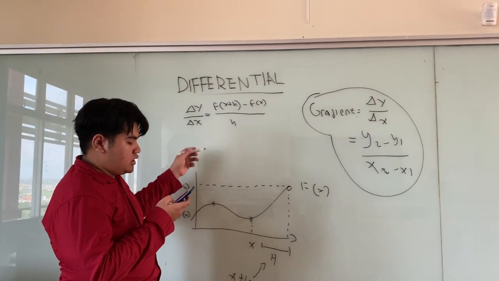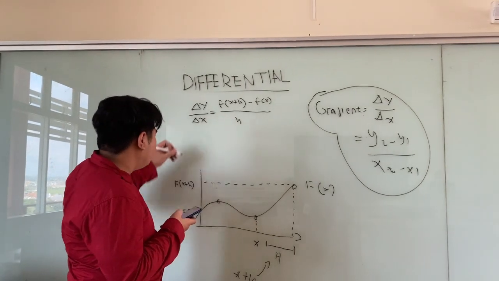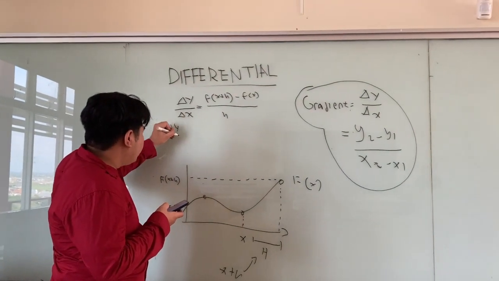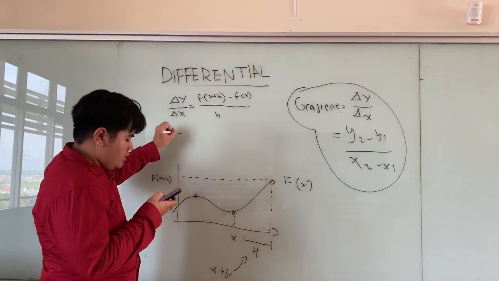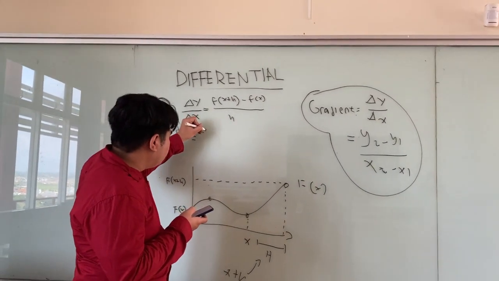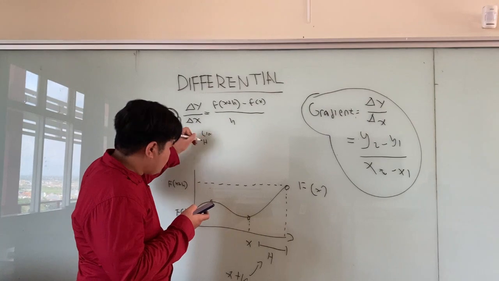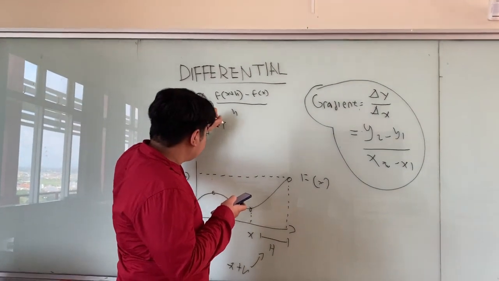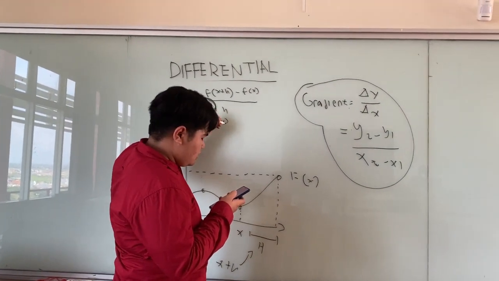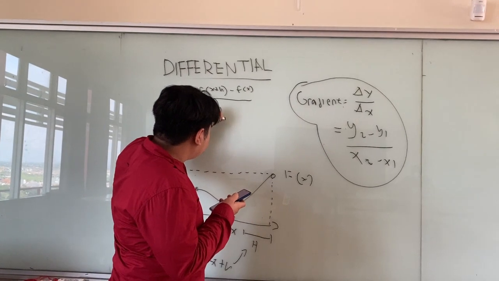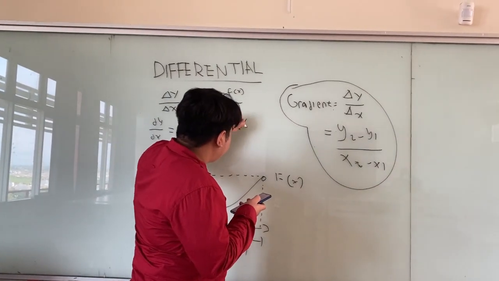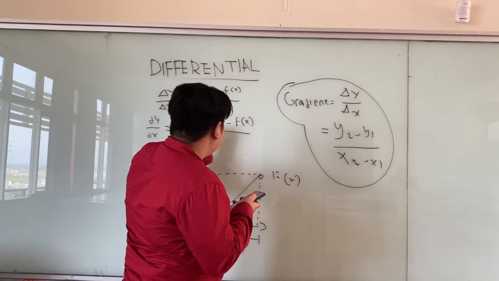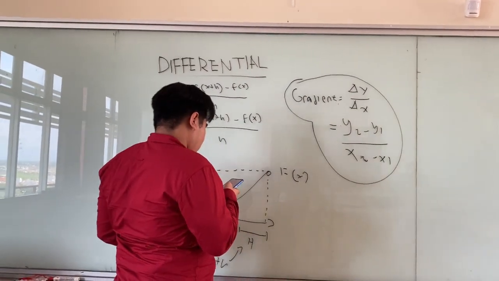It should be smaller, so we can change it into dy per dx equal to, we can limit the h to 0, f(x plus h) minus f(x) per h.